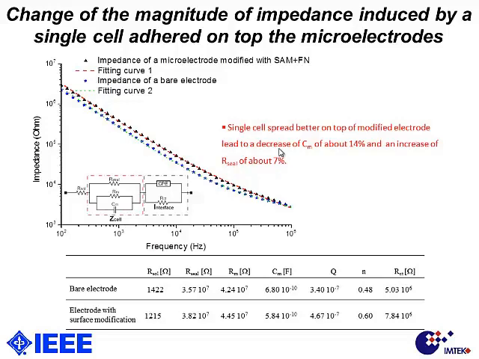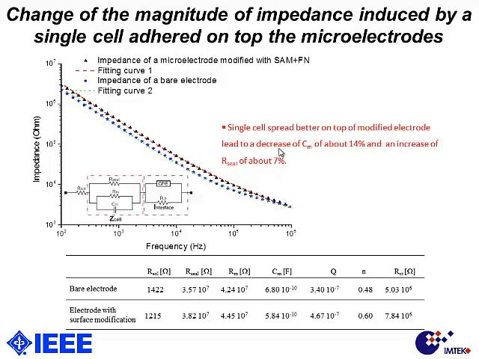With the modified electrodes, cell spreading and attachment are better, so impedance increases compared with the bare electrodes. And by simulating with the electrical equivalent circuit, the value of the capacitor increased about 14%, and the value of the resistor here decreased. So it corresponds with other literature, and here are the parameters.